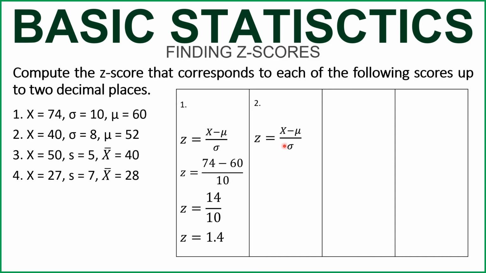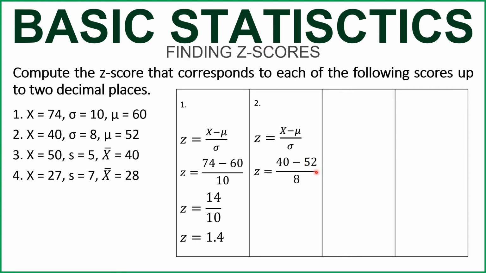So, number 2, so we're going to use again the formula x minus mu over sigma because we're dealing with population data, or simply because the given is sigma and mu. So, let's substitute the values. So, that is 40 minus 52 all over 8. So, x is 40, mu is 52, sigma is 8.